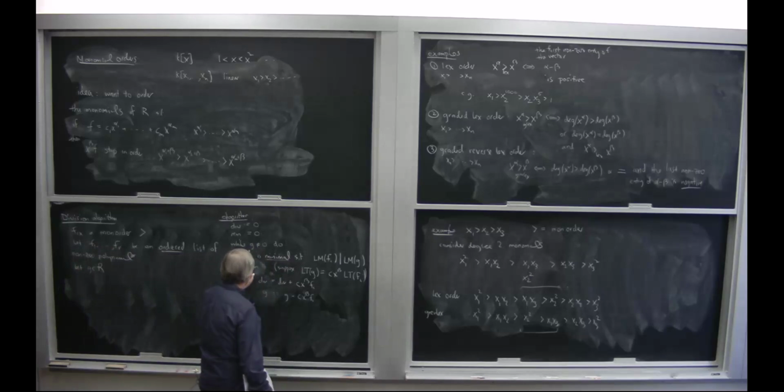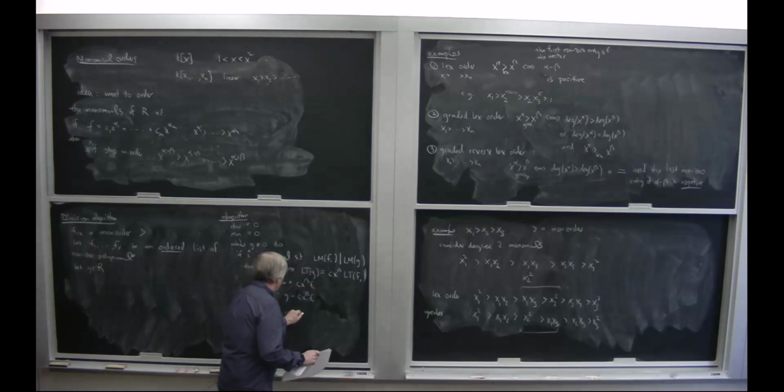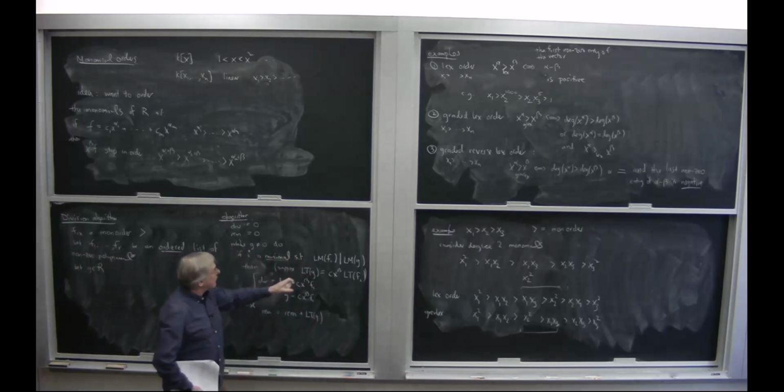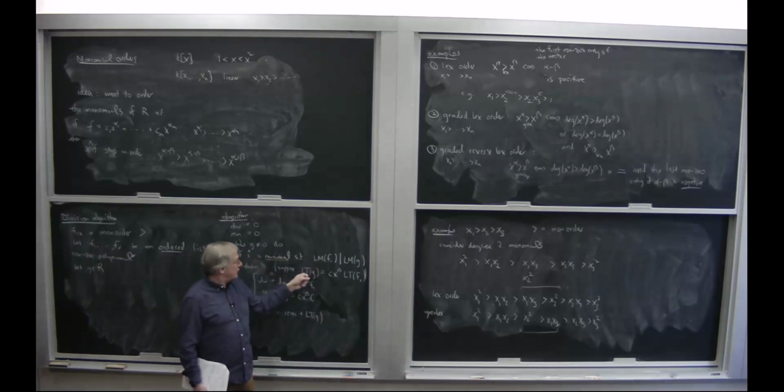Now else, okay, else means that none of them divide at all. In this case, what we want is we're going to set the remainder, we're going to add that term to the remainder, plus the LM is the lead monomial. Lead term includes the coefficient.